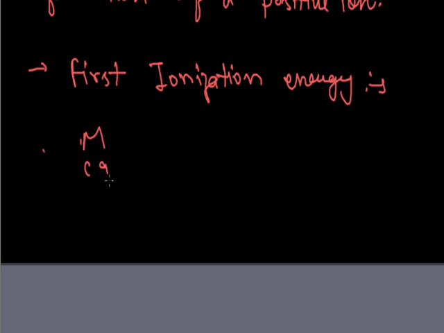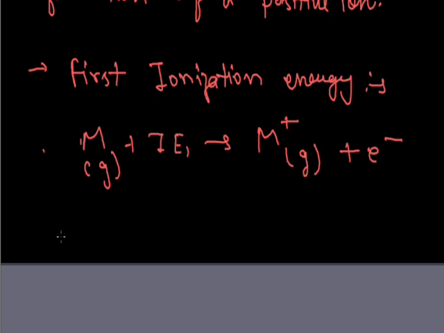First we take the atom in a gaseous state, then we apply I1, the first ionization energy, resulting in the formation of a cation, a positive ion, which is singly charged because we have removed only one electron. We call this the first ionization energy because only one electron is removed from the outermost shell and there is a formation of a positive ion.